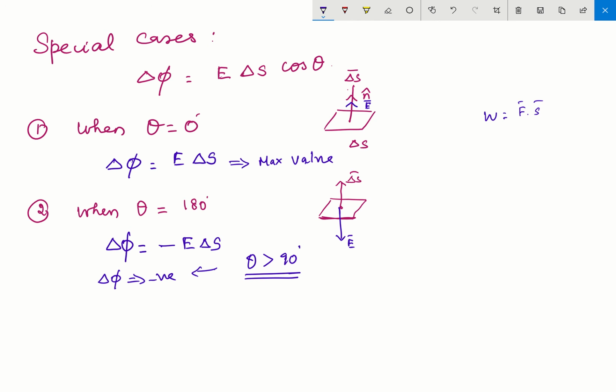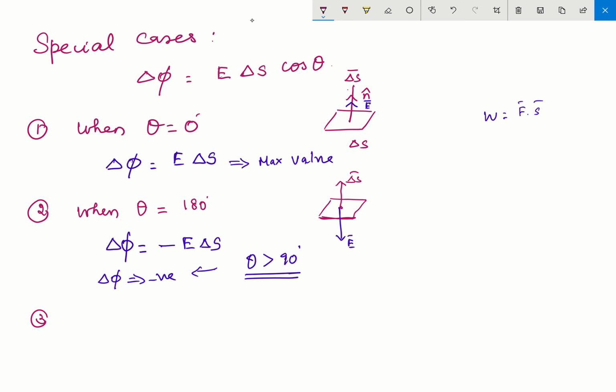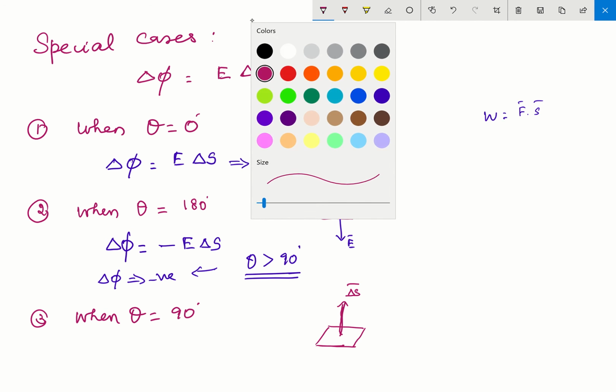Now the third one, 90 we have not seen yet. When theta is equal to 90 degrees, it is the angle between the area vector, delta S, and the electric field.